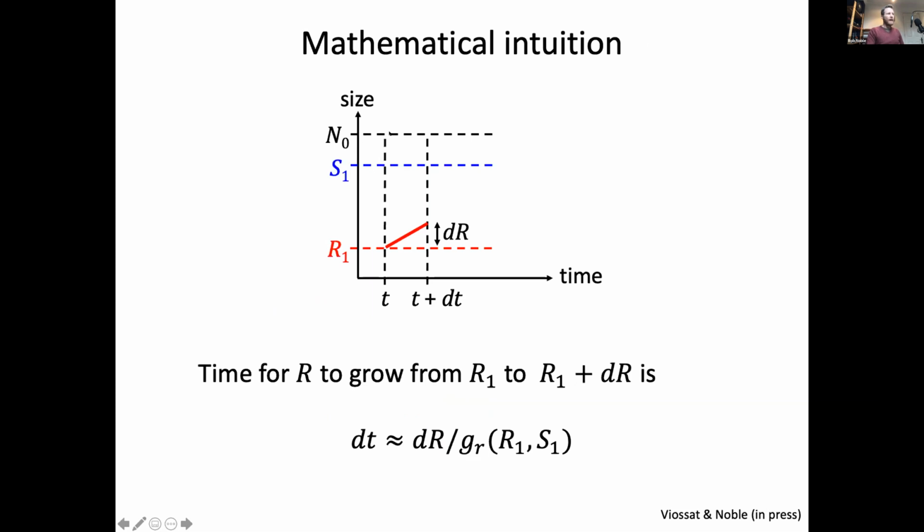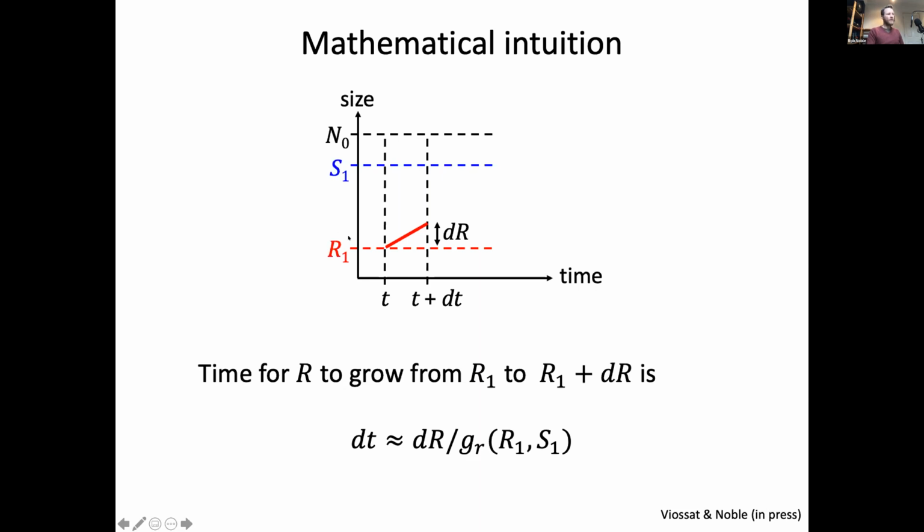Now, in this case, we're going to look at time to progression. So we're going to say the treatment is failing as soon as the tumor size exceeds this size N0. And therefore, R1 plus S1 must always be at or below N0.